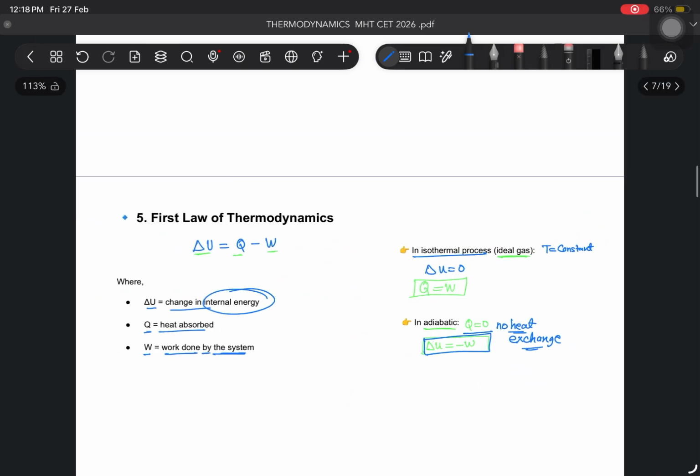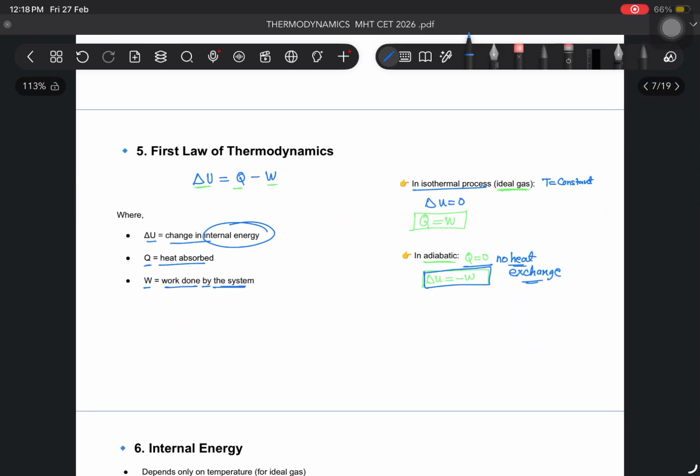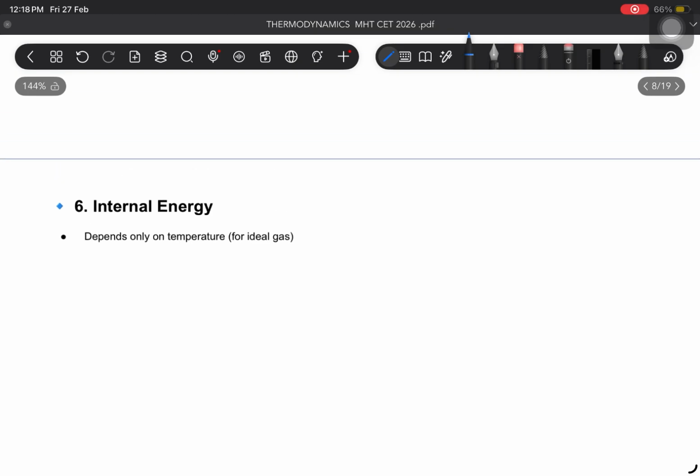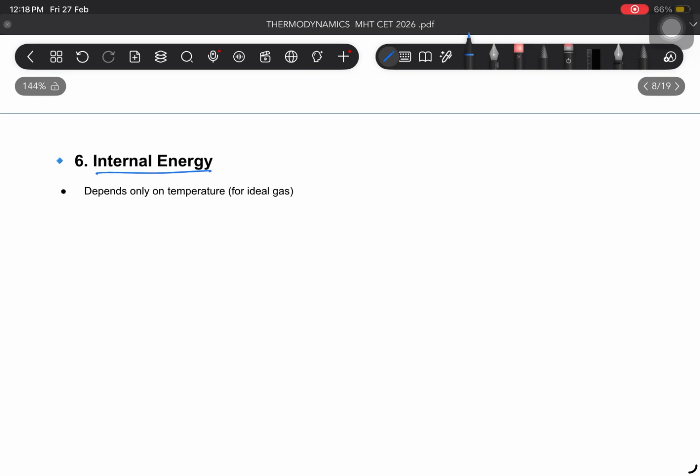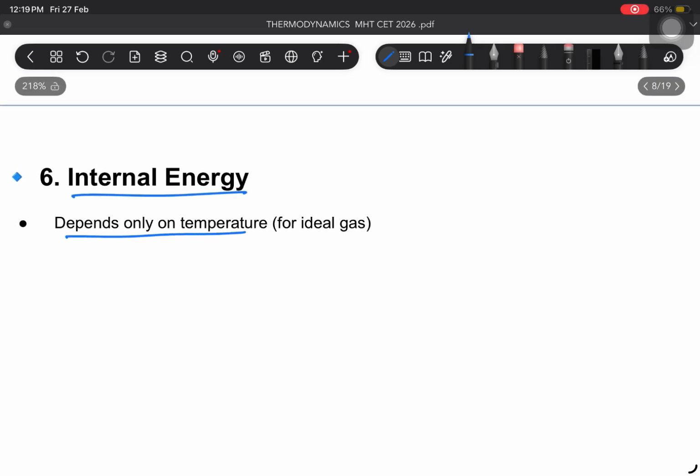Next, internal energy. Internal energy depends on the temperature. For an ideal gas, internal energy depends only on the temperature.